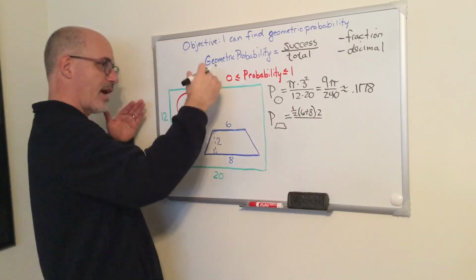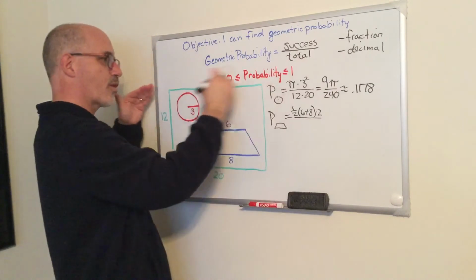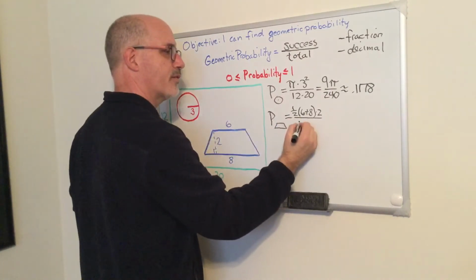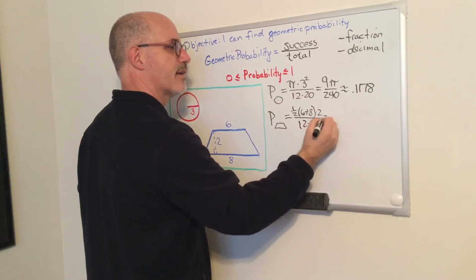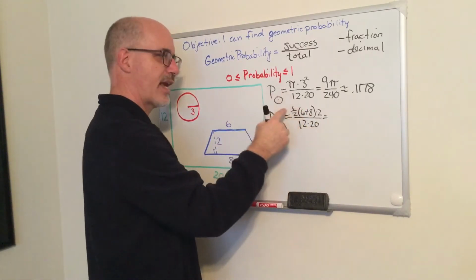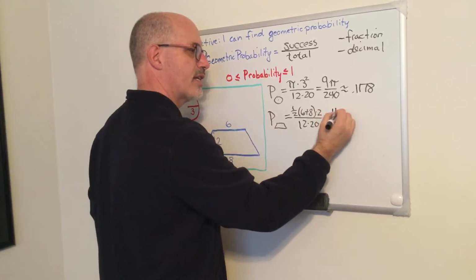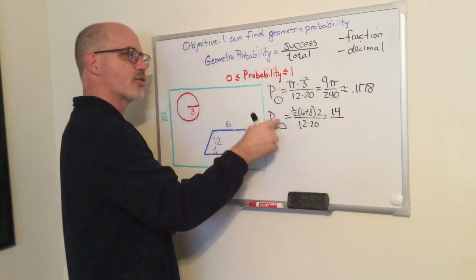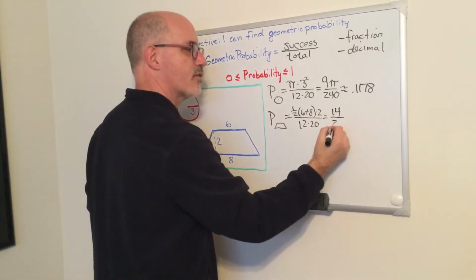On the bottom, the denominator, for the total, we're going to have the whole area being 12 times 20 again. To multiply that out, 6 plus 8 gives me 14, times 1/2 times 2 still stays 14. 12 times 20 still is 240.